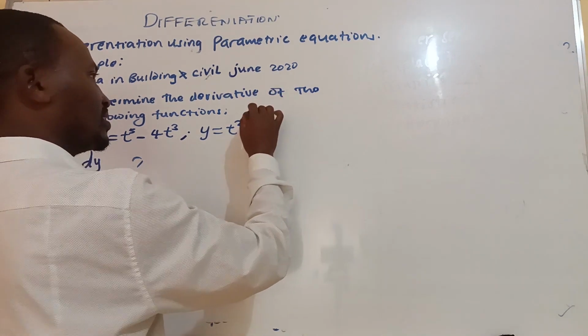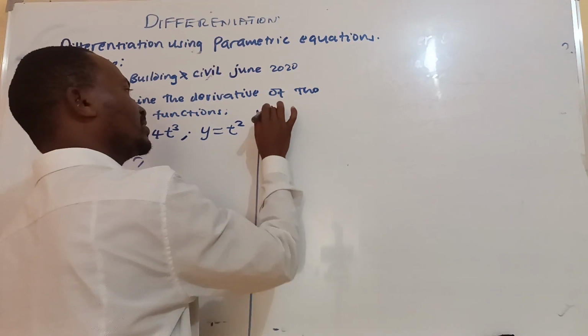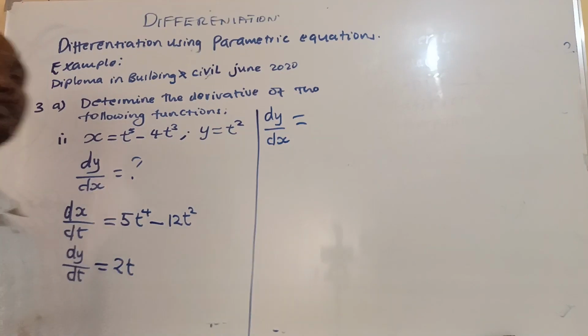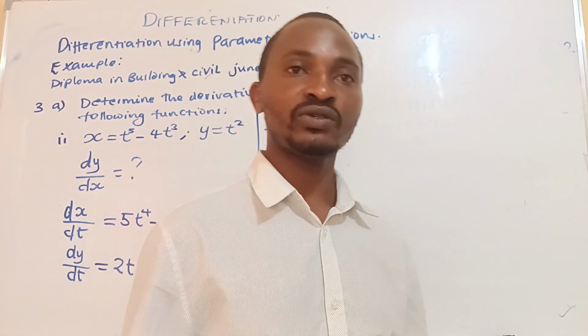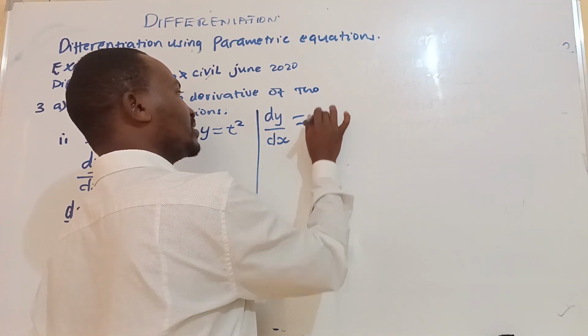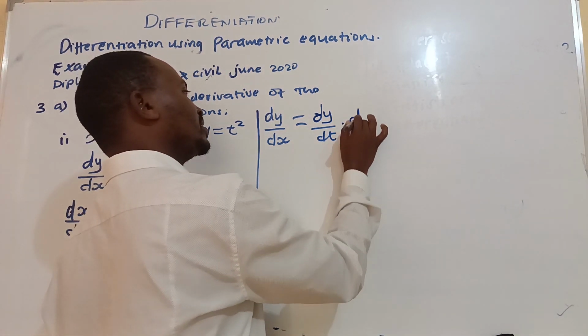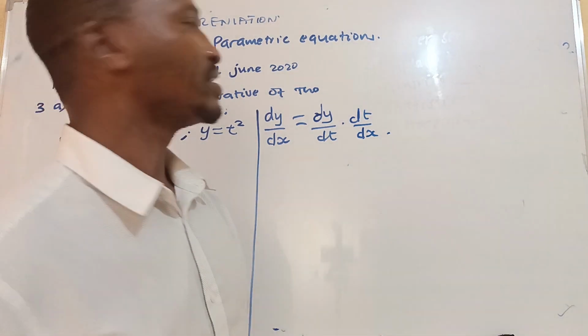But we are supposed to get dy/dx. You can remember what we did when we were learning about the chain rule. We said dy/dx can be given by dy/dt times dt/dx.